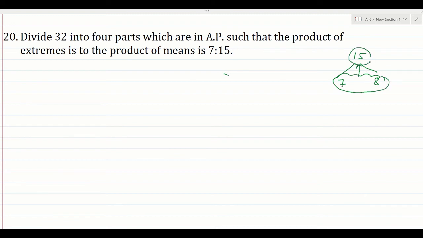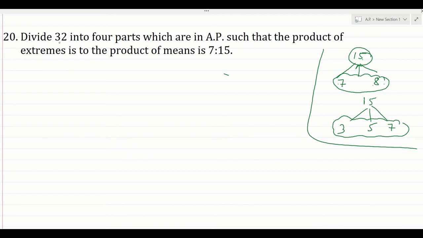Similarly, if I divide 15 into 3 parts, let's say 3, 5, and 7, when these 3 parts are added, they must give 15. Is this concept clear? Okay. So now let's go to our question.